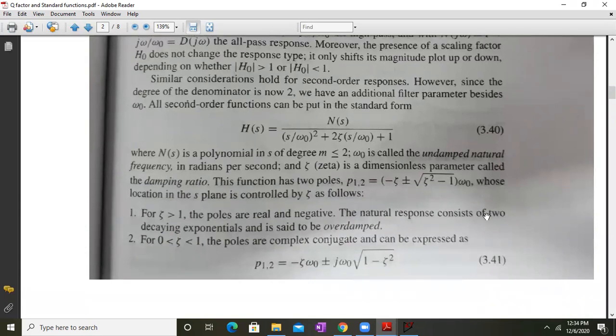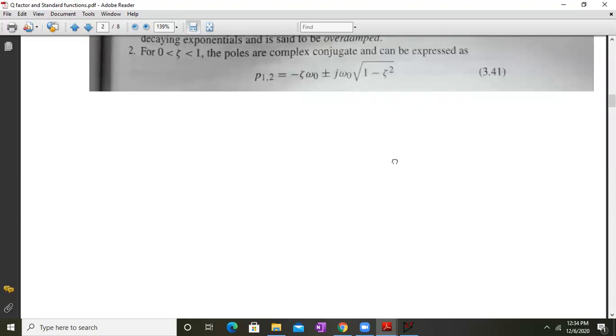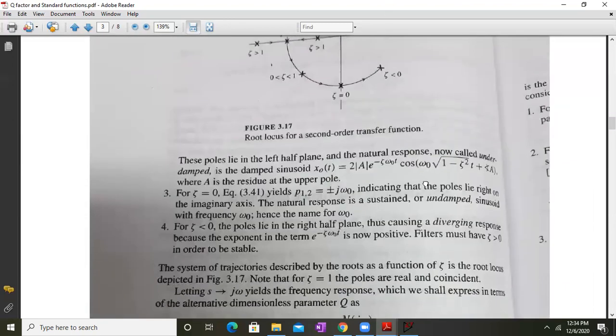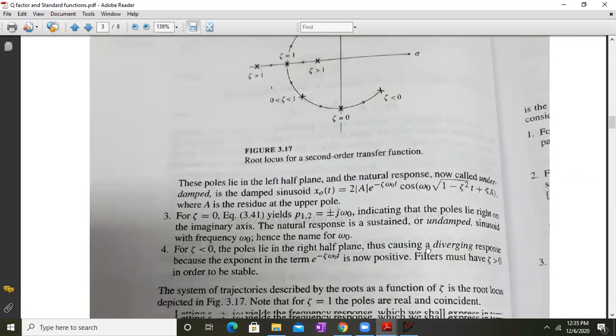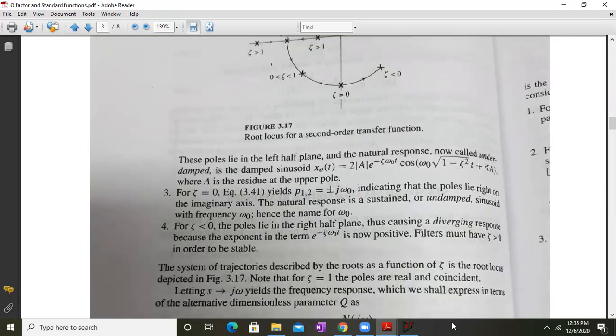So if zeta is greater than 1, poles are real and negative. The system is overdamped. If zeta is between 1 and 0, the poles are complex conjugate, and they lie in the left half of the s plane. Okay, so this is the underdamped system. If zeta is equal to 0, we have an undamped system, a sustained oscillation.